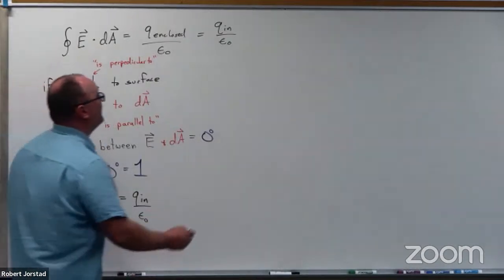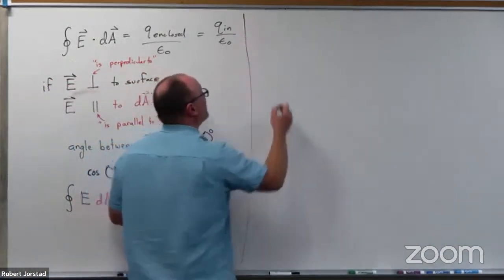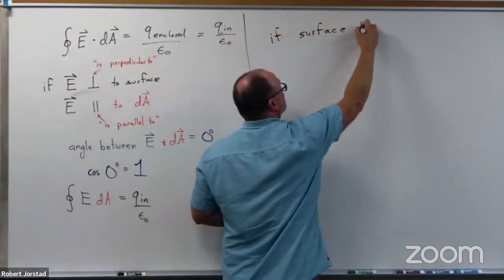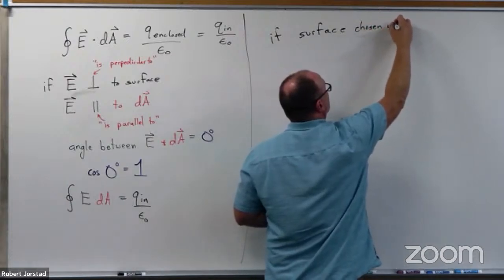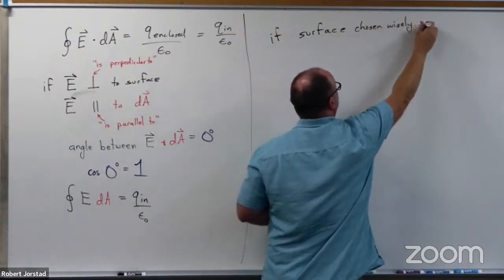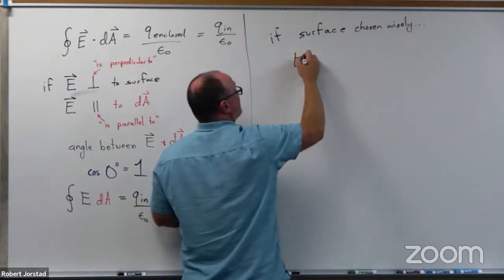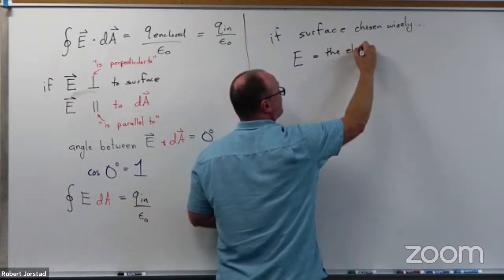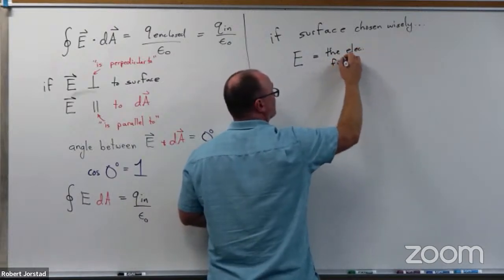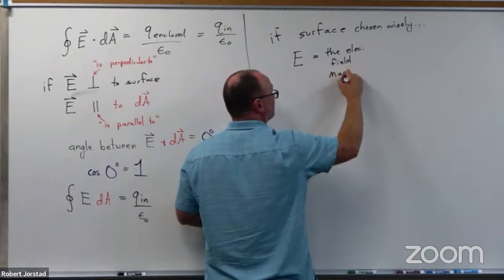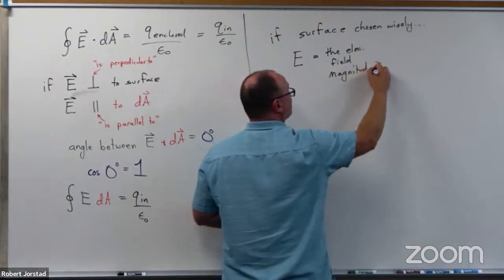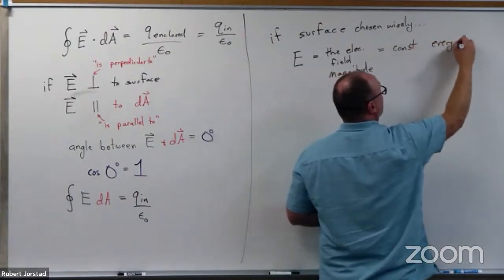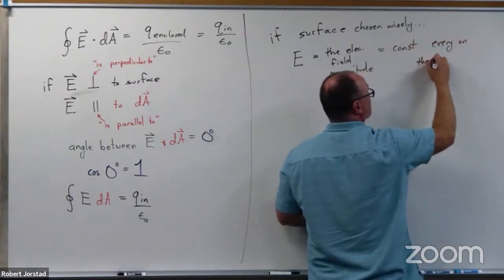Now, one extra caveat. If the surface is chosen wisely, E, the electric field magnitude, is constant everywhere on the surface.